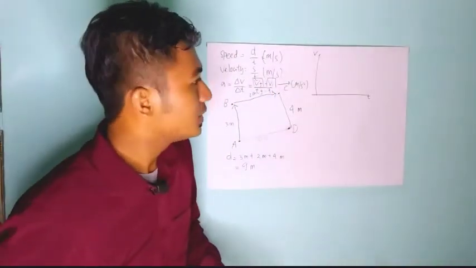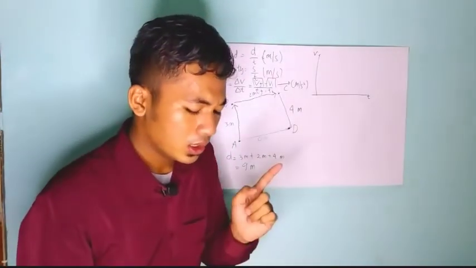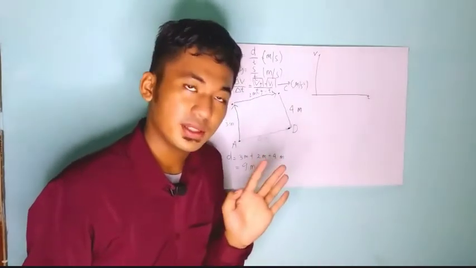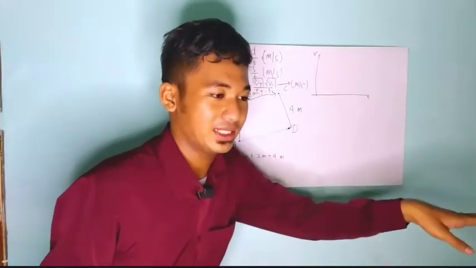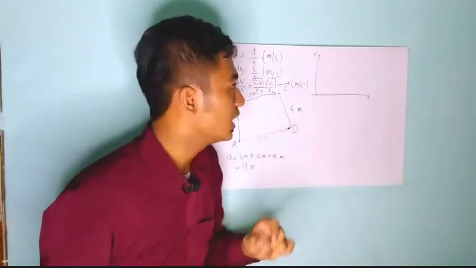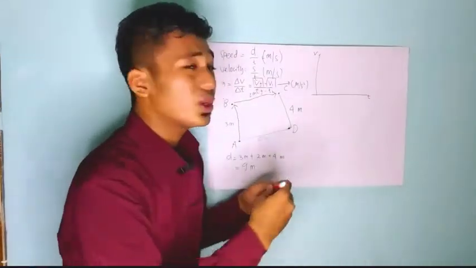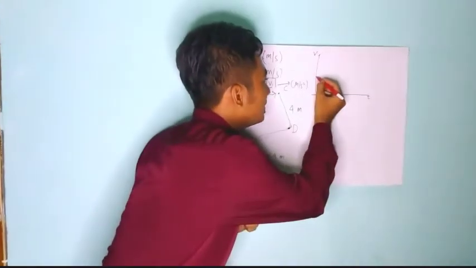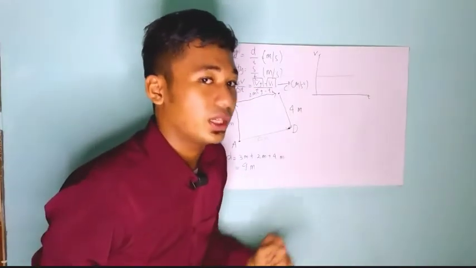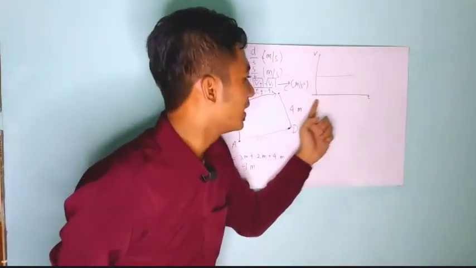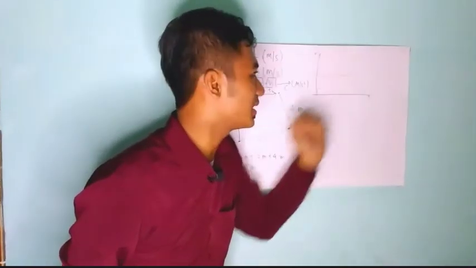So if the velocity is constant, the graph is like this. Velocity does not change, it is constant. Time to time to time, the velocity is constant.